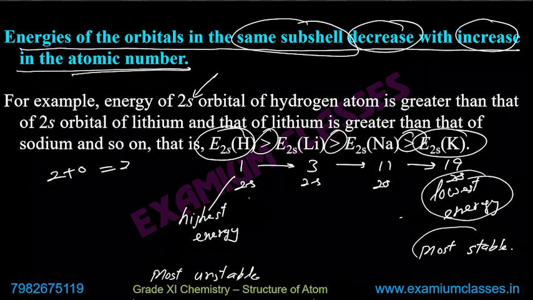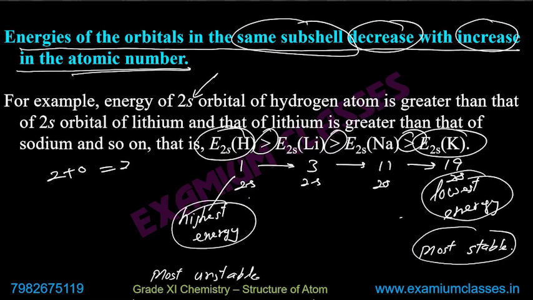Lowest energy, most stable. Highest energy, least stable or most unstable. Write down this rule also. This actually appears normally in JEE and NEET because there they want to confuse you. In CBSE, normally you will get comparison within the same element.